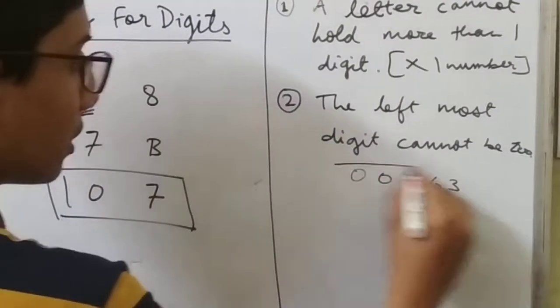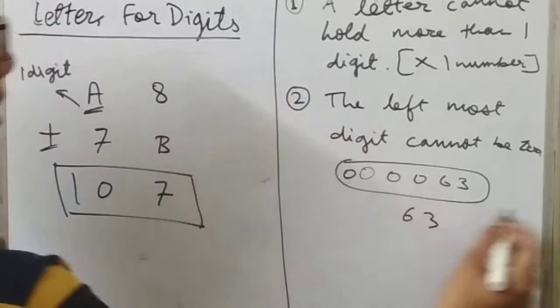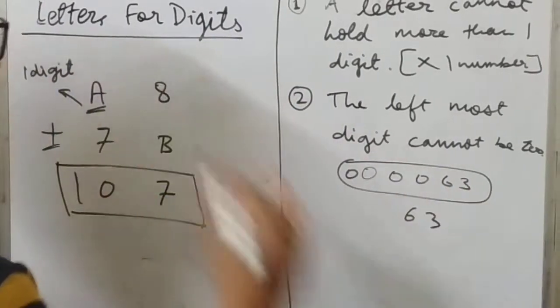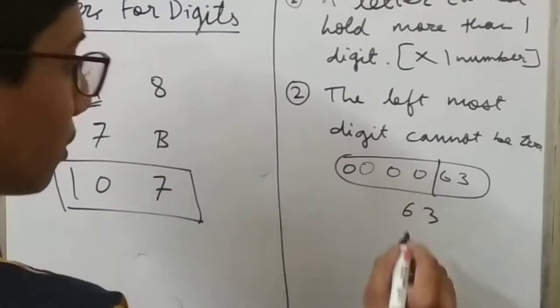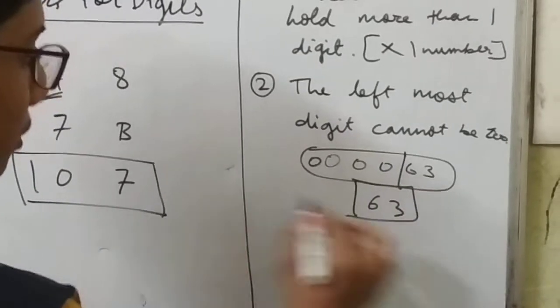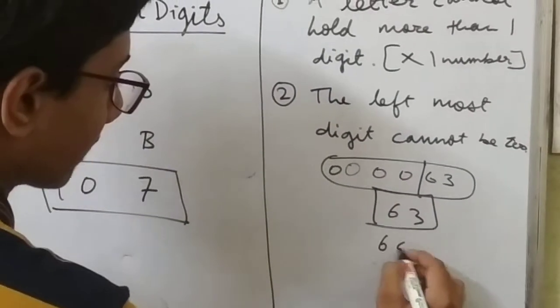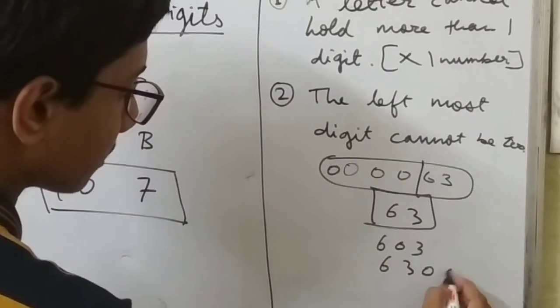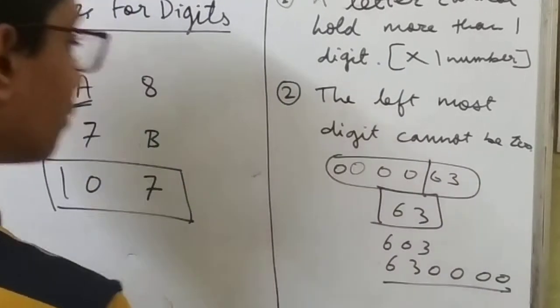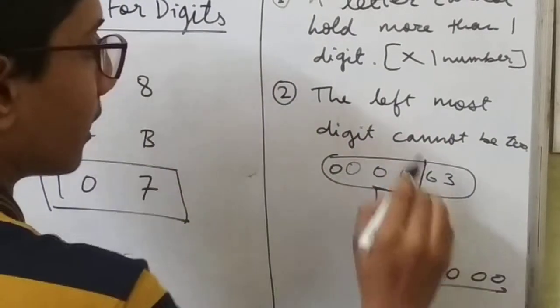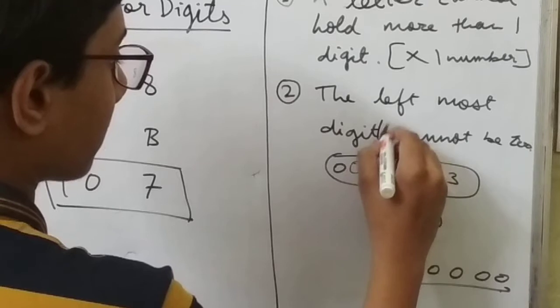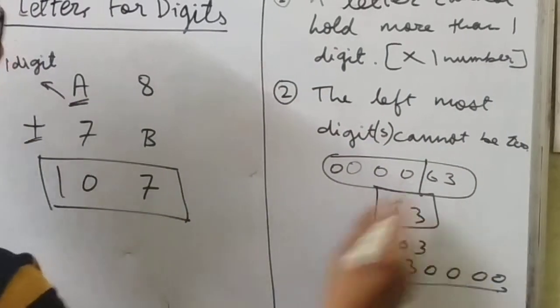No, because the actual value won't change if you write unlimited zeros before 6. So we precisely write this only. But if you write zeros elsewhere, the value changes. That is why the leftmost digit cannot be 0. I am writing bracket S. That means here 1, 2, 3, 4.